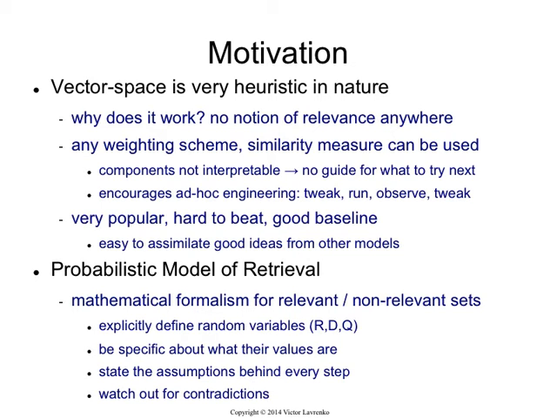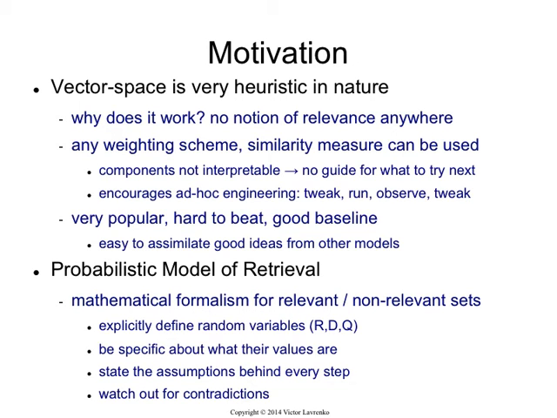So that's what we're going to do today. We're going to look at the probabilistic model of retrieval, and what it is, it's a mathematical formalism for describing relevant and non-relevant sets of documents. We're going to introduce some random variables for the documents, the queries, and for relevance between them.